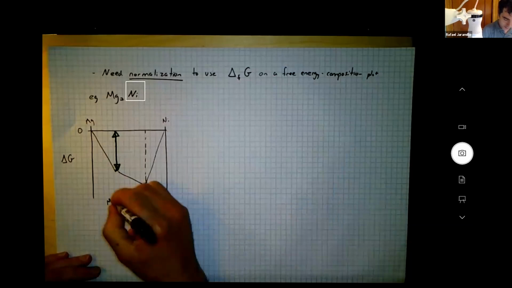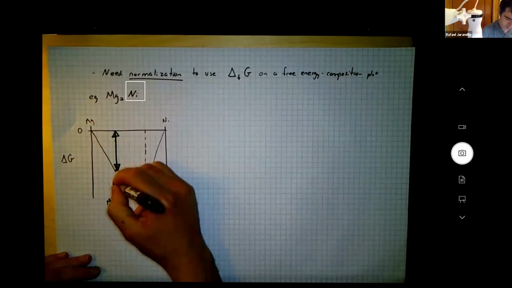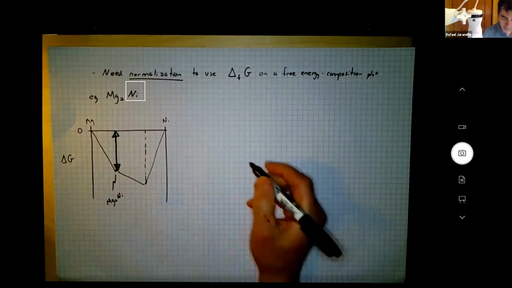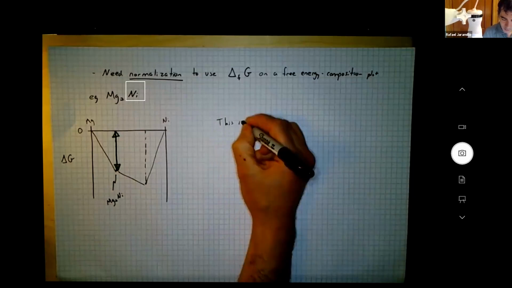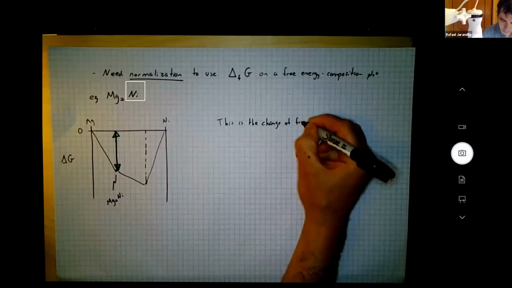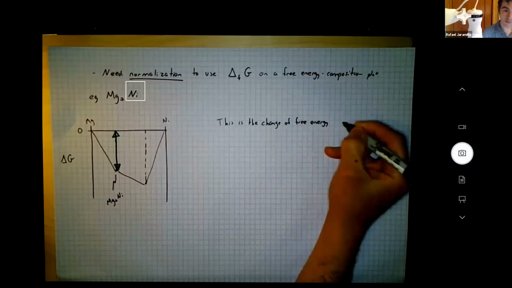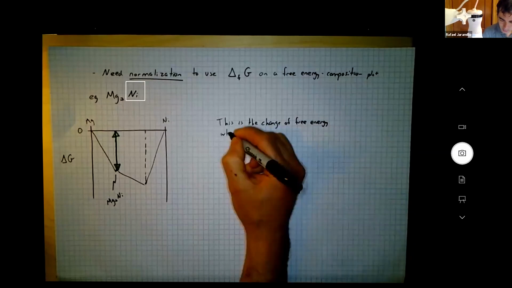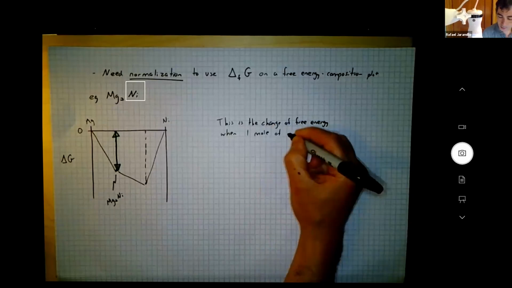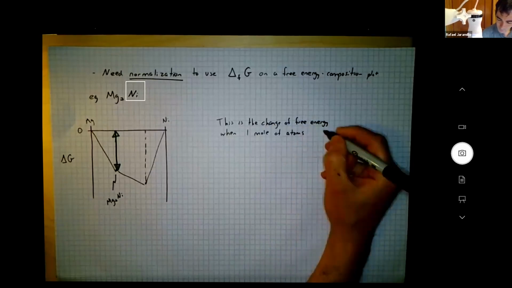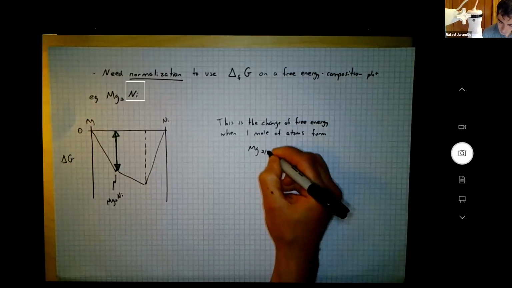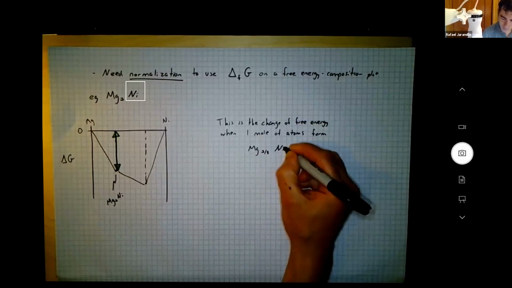This is magnesium 2 nickel. That green arrow is the change of free energy when 1 mole of atoms form magnesium 2/3, nickel 1/3.